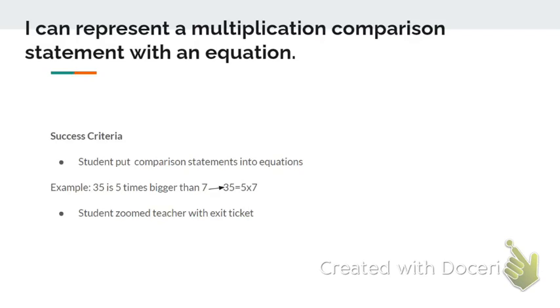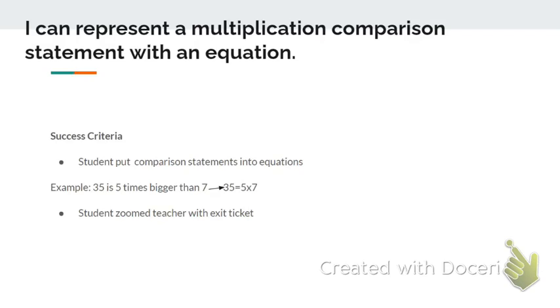So now at the end of this video, you have to be able to do these things in order to be considered successful. Do I expect you to be doing them right now? No, that's not reasonable. So listen to these, and this is what I want you to be able to do at the end of this video, right? I want you to be able to put comparison statements into equations.